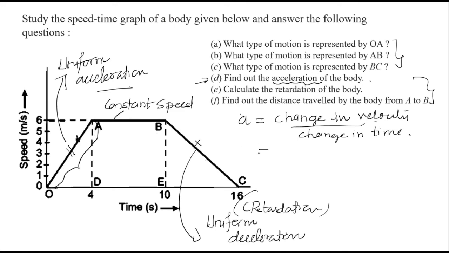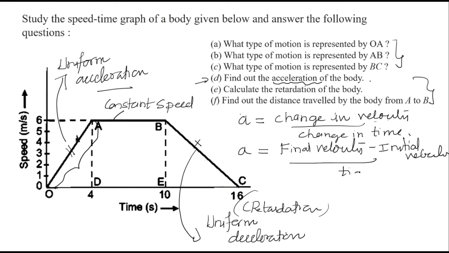Change in velocity is equal to final velocity minus initial velocity. Now look at the graph. How much is the final velocity when it is taken from O to A, and how much is the initial velocity? Then change in velocity you can easily find out, right?